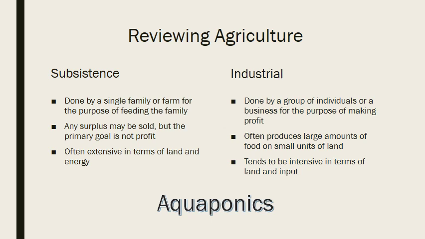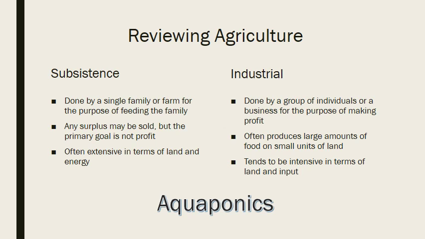Recently, there has been a push toward more sustainable agriculture, not just in soil-based sustainable agriculture, but also being able to use what is called aquaponics. And aquaponics is using a water medium to grow plants. So rather than putting them in the soil, you're going to grow them in a water-based system.